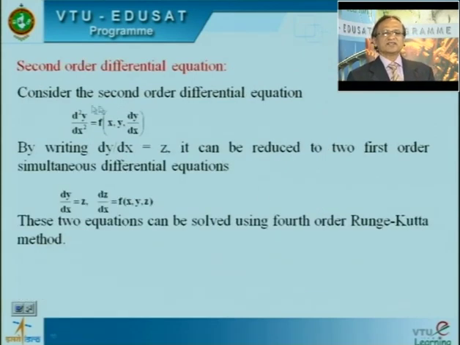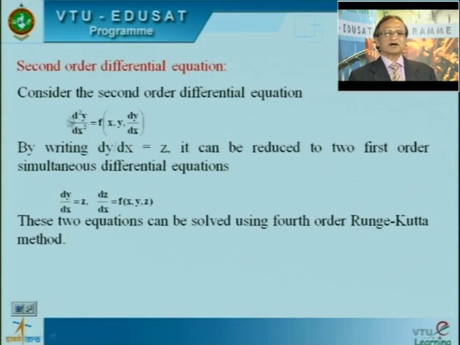Consider the second order differential equation d square y upon dx square is equal to a function of x, y, dy by dx. So, the general form of the given equation may be in this form. Now, I want to reduce this equation into first order simultaneous equations.